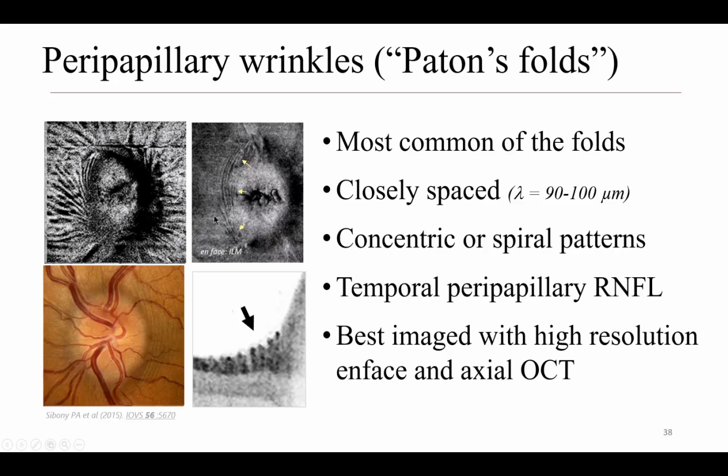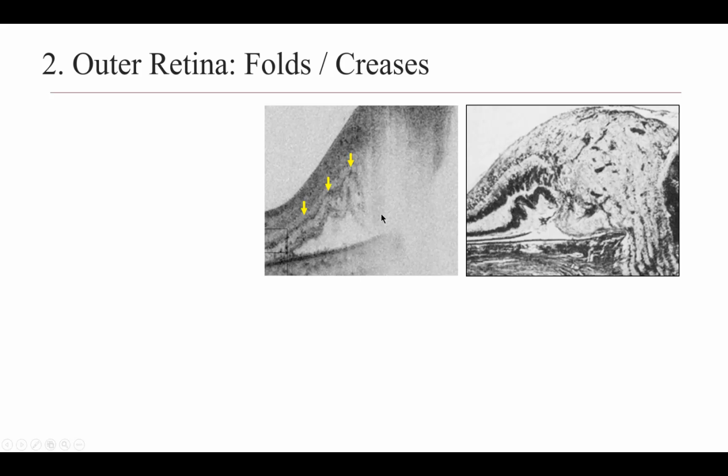These en face OCTs were taken at the internal limiting membrane. They're best imaged using high-resolution en face and axial OCT. You'll notice that these folds, these Paton's folds, are not in the outer retina. We did notice folds in the outer retina using the OCT.